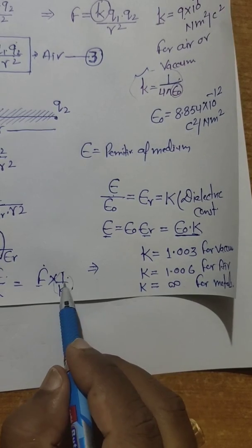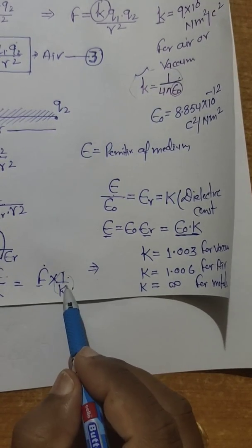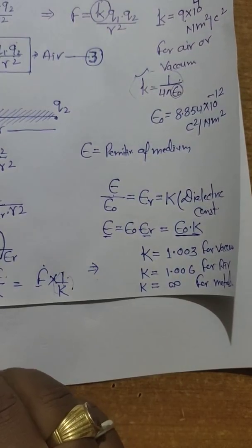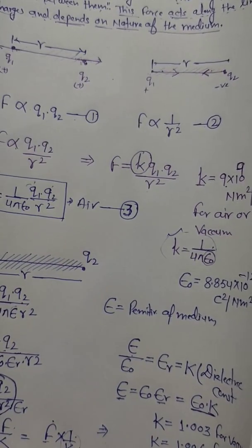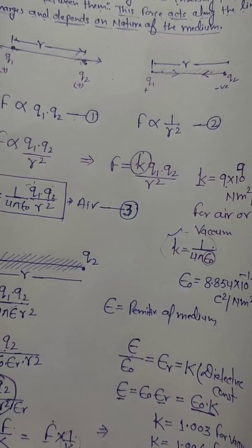That means the force between charges in the metal is always 0, because the value of K is infinity. That's why the electrostatic force between two charges is always 0 inside the metal.